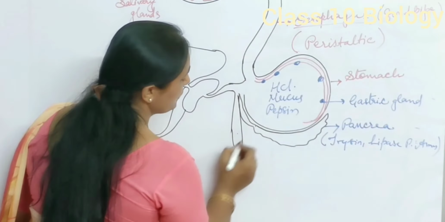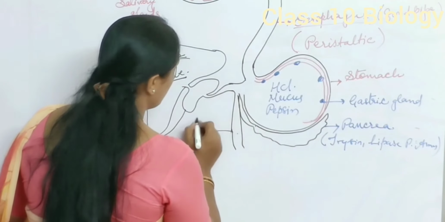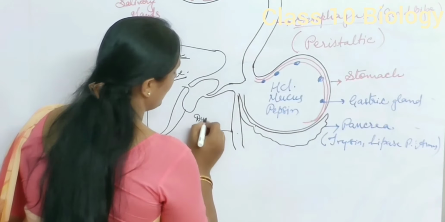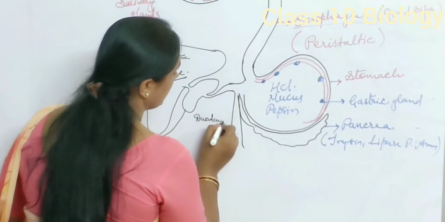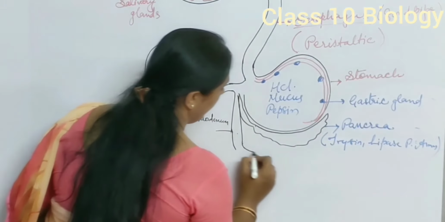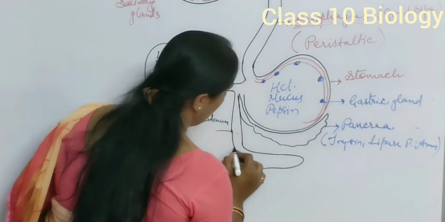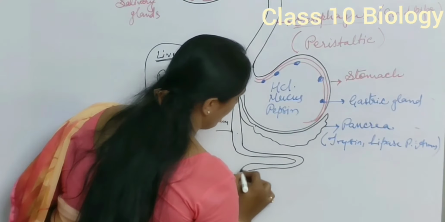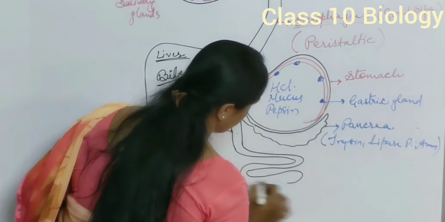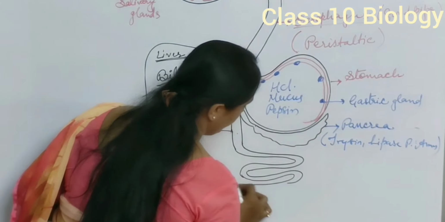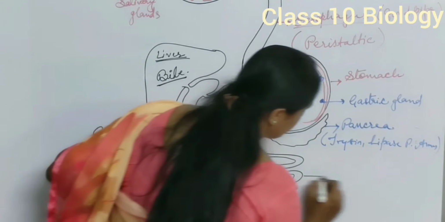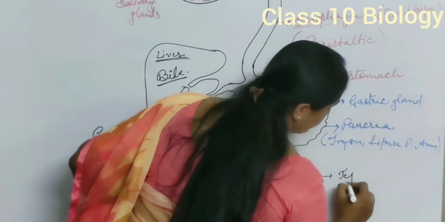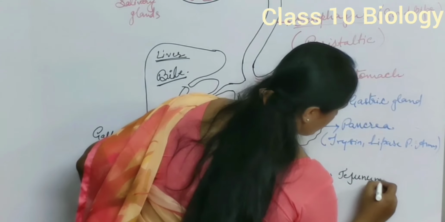The beginning of the small intestine is called the duodenum, and the coiled region is called the jejunum. This coiled part is the longer part, the longest one, and it is called the jejunum.